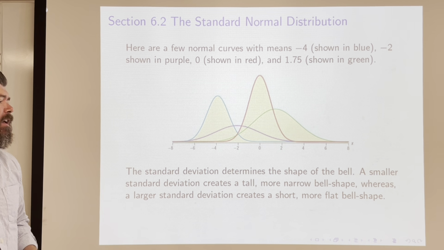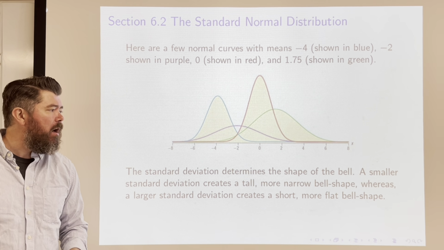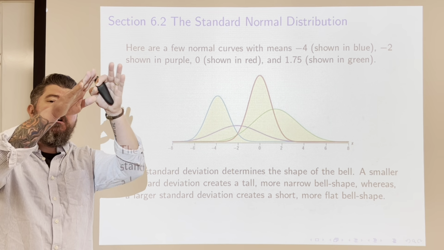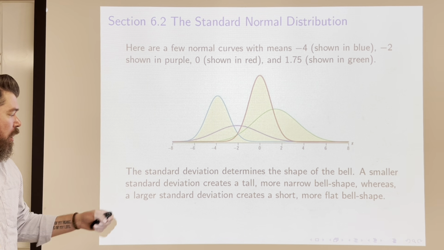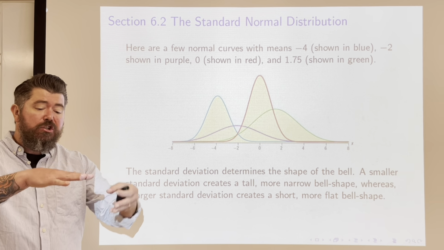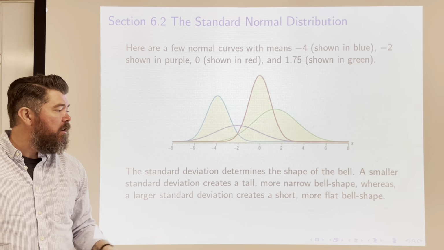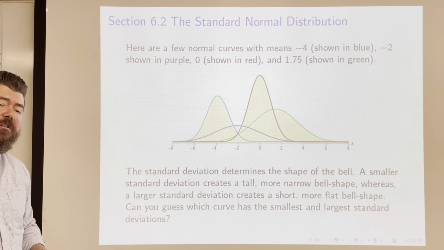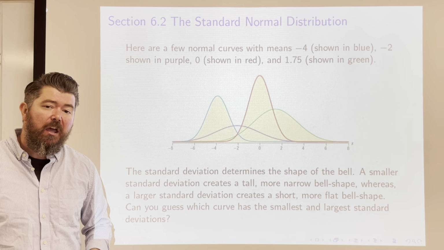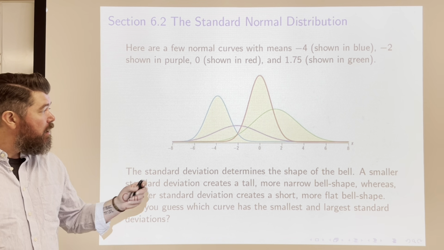The standard deviation determines the shape of the bell. A smaller standard deviation creates a tall, more narrow bell shape, whereas a larger standard deviation creates a short, more flat bell shape. So can you guess which curve has the smallest and largest standard deviations? That's right.